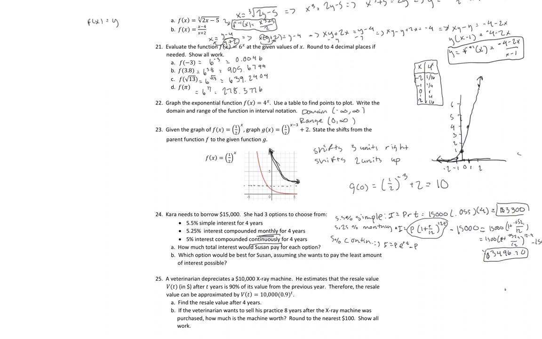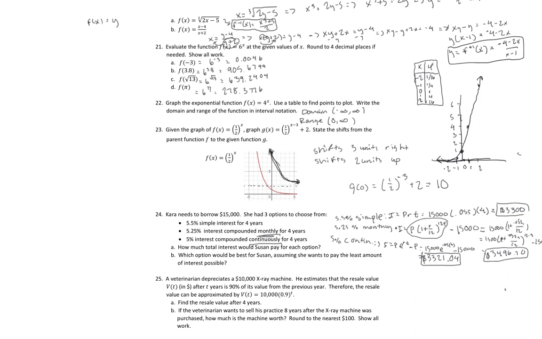So that's going to be 15,000 times e to the 0.05 times 4, minus 15,000. And if we do that, we get $3,321.04. So that is part A.